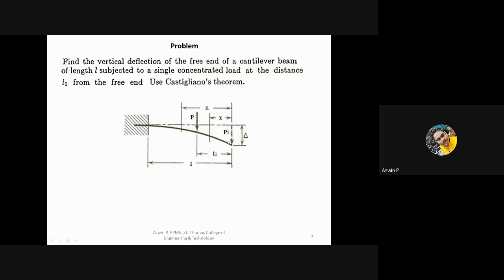Okay. So first you need to write the Castigliano equation, and the Castigliano equation is: deflection is given as dou U by dou P1, because here deflection should be found out at this point. So here the deflection is del or delta. You can write either delta or del, and U is the strain energy stored, and the causing force is not P, it's P1.